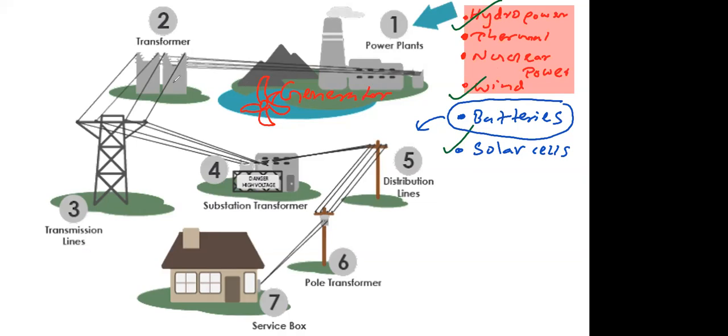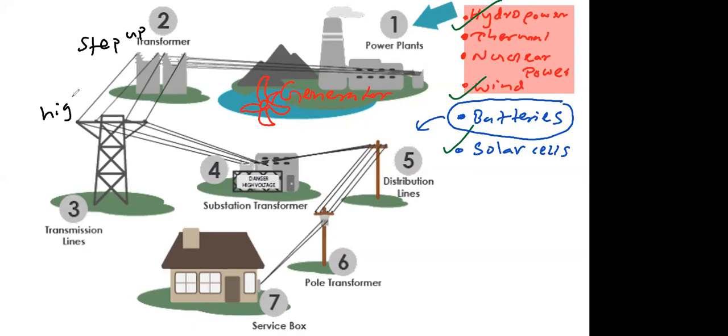Now the next part, transformers. So this is also very important. Near power stations, there are two types of transformers. I told you, near the power stations we use step up transformers, that you should know. We use step up transformers because transmission is done under high voltage.